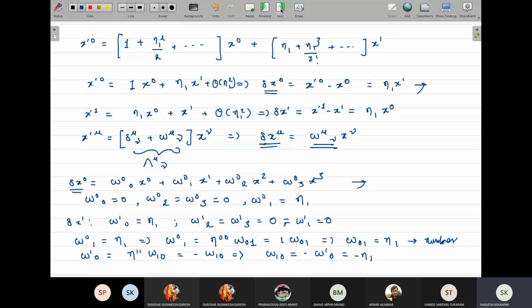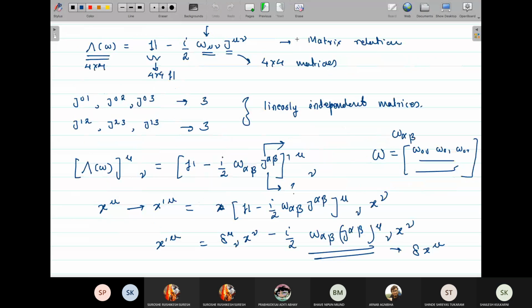Now, what is appearing here? These are the parameters and these are the generators. These generators are matrices. So J alpha beta for given alpha and for given beta represents a matrix, and this mu nu represents the mu-nu-th entry of that alpha beta matrix. Is this clear?